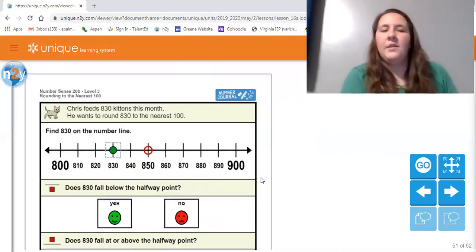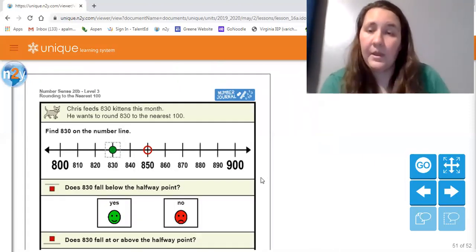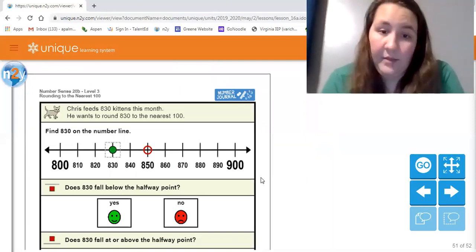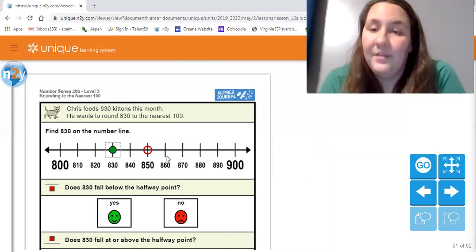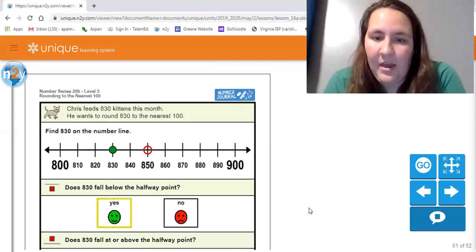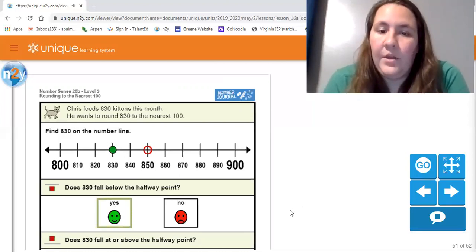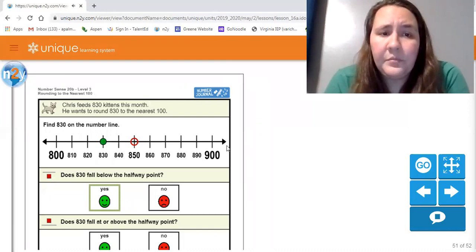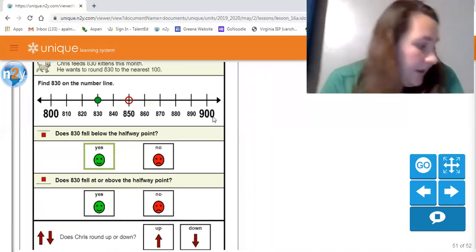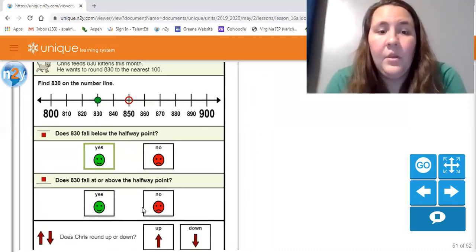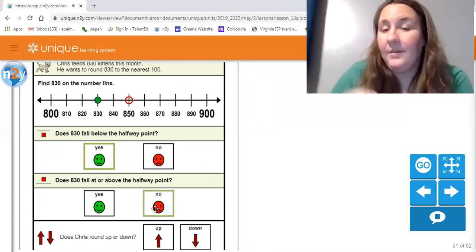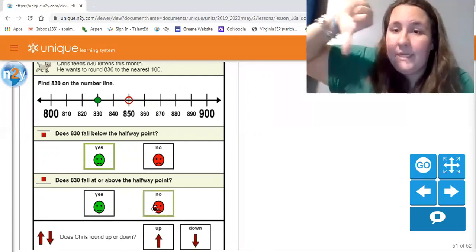Now my question is, does 830 come before my red middle dot? Yes, beautiful job. Yes. So we know that means the next question, does it come after the red dot, is no, right? So no. Am I rounding up or am I rounding down?